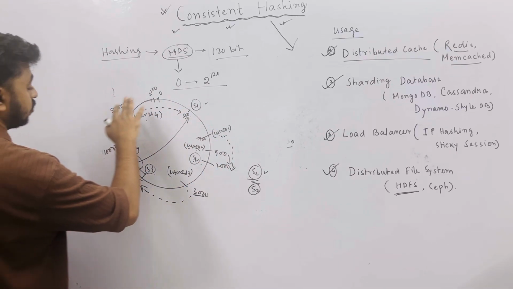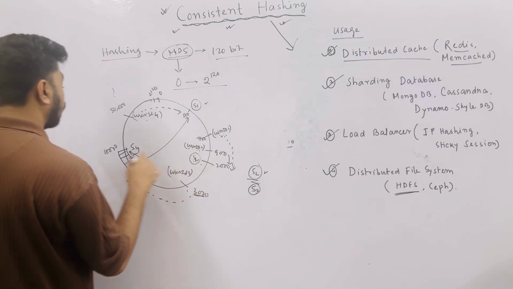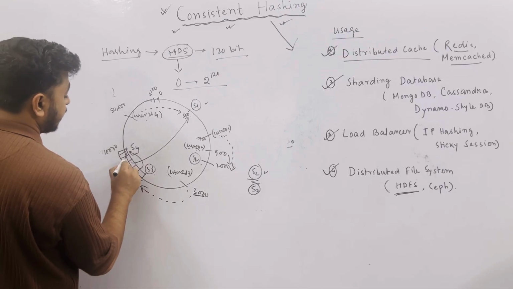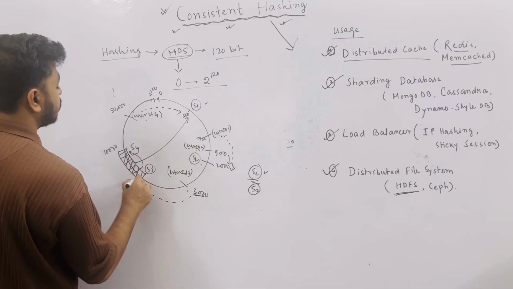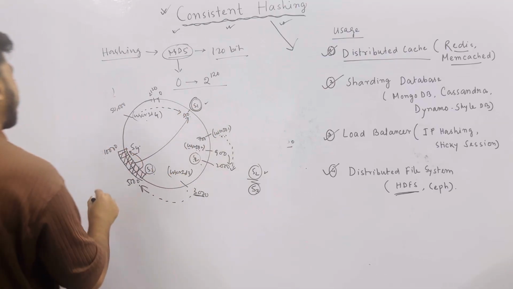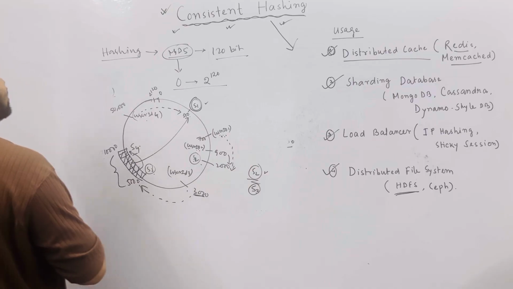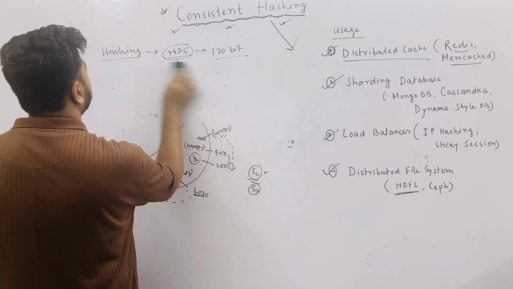Now none of the users in our diagram is going to be redistributed. Only if a user request was coming earlier in this zone, it will go to S4 and not to S1 now. So the impact is very, very less with consistent hashing.